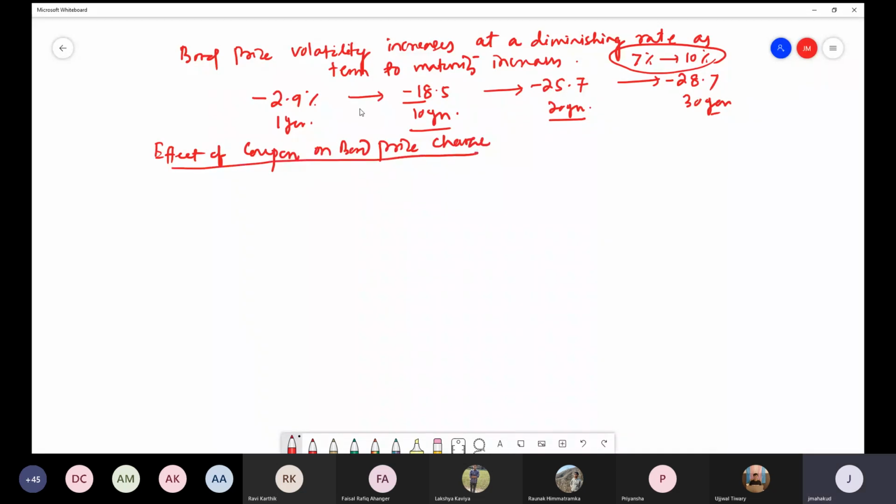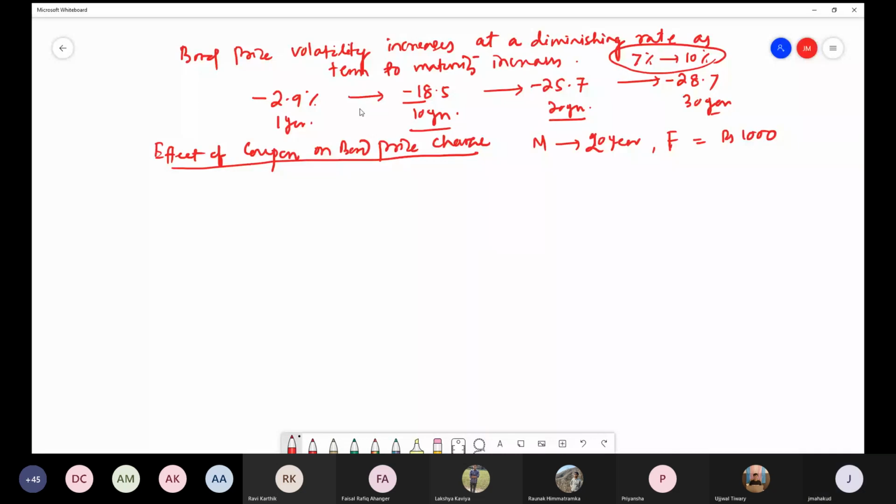If you see this, I am taking a bond whose maturity period is 20 years, and the par value F is equal to, let's say, 1000. Then we'll see that there are different bonds, and whenever there is a change in interest rate, how the bond price is changing.